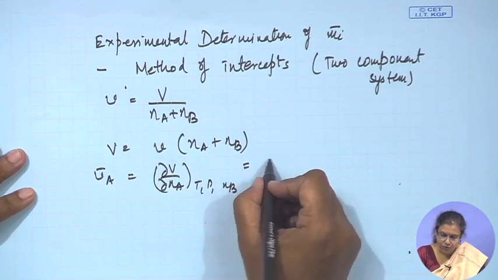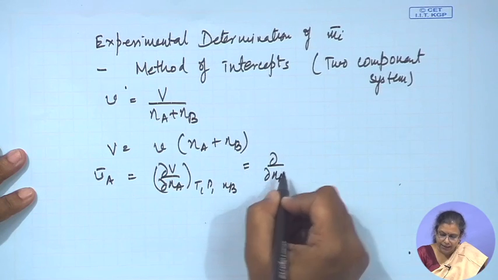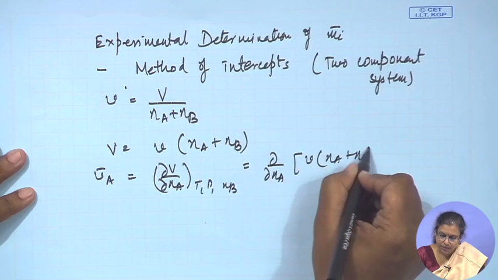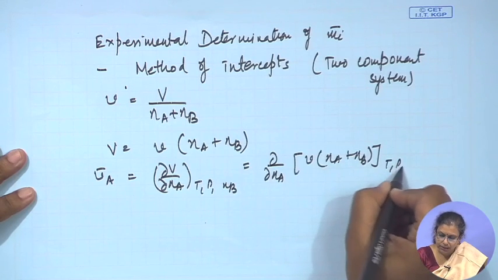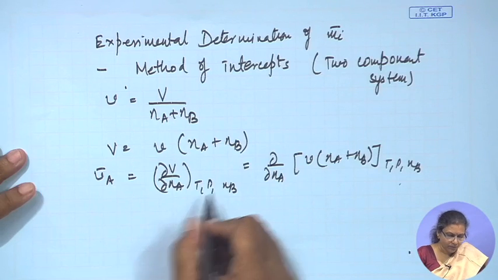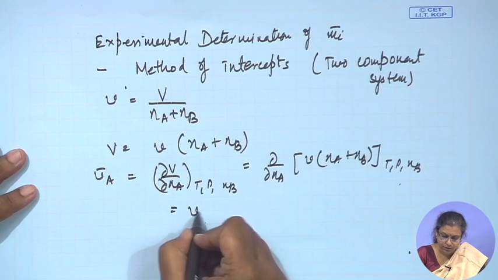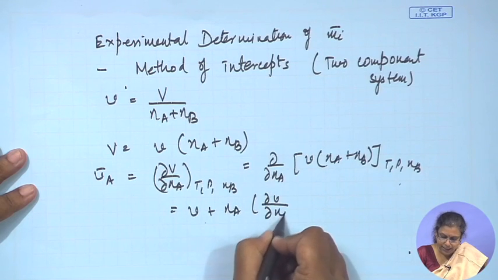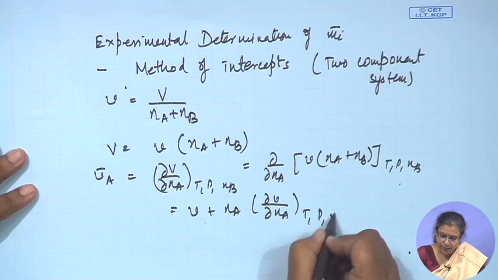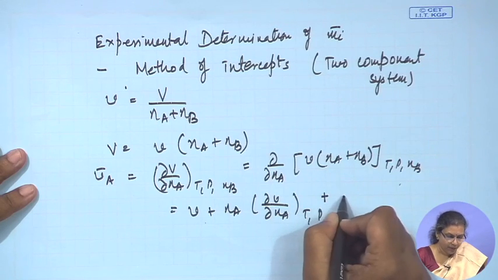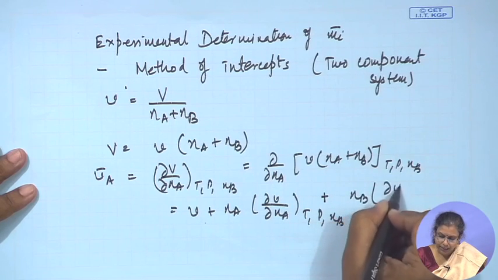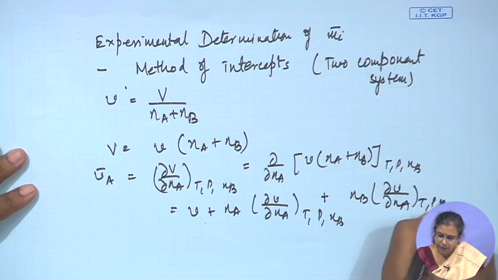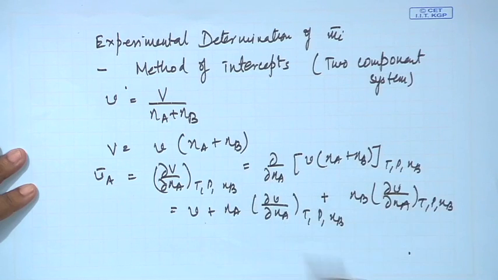So, therefore, this should be del Na of V into Na plus Nb at constant Tp Nb. On differentiating, what does this give you? This gives you V plus Na del V del Na Tp Nb plus Nb del V del Na Tp Nb, right, because del Na del Nb gives you 0.